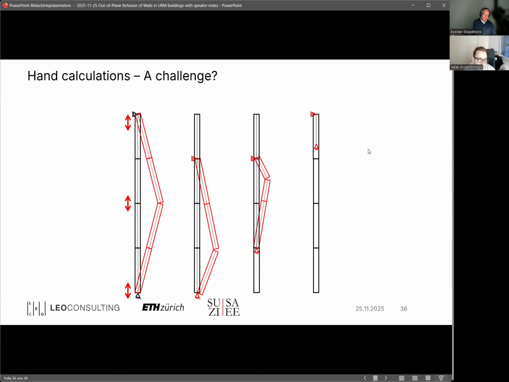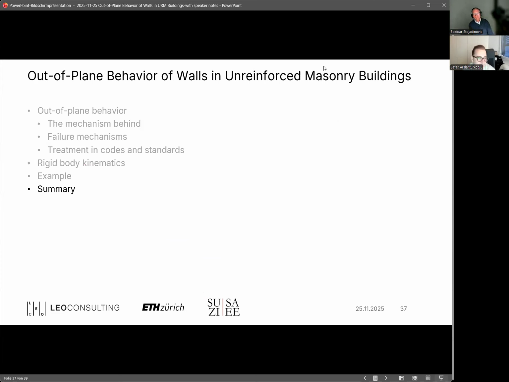It's also common to expect this mechanism in upper floors, because the axial loads are in favor of stability, as they stabilize the wall. In the upper floors the axial loads are rather low and the demands are rather high, because the ground acceleration is amplified over the height of the building. So it is also worth taking a look at this consideration. You see here the challenge is actually not in the implementation, but in the number of required assessments, and this can be a tricky thing.